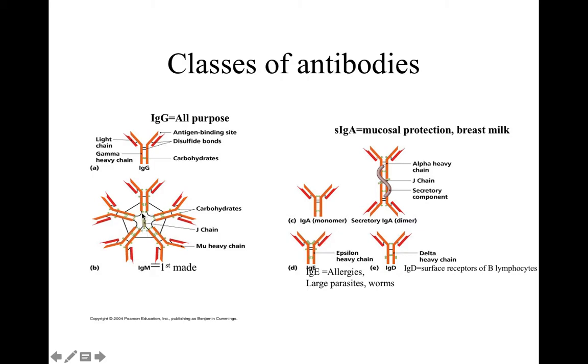So definitely not a great opsonic antibody. It can fix complement, so that would be a good thing, right? But again, it's in relatively low levels in the extravascular tissues, it can't cross the placenta, and it's really not a great opsonic antibody. So, I mean, it's helpful, but not the best.